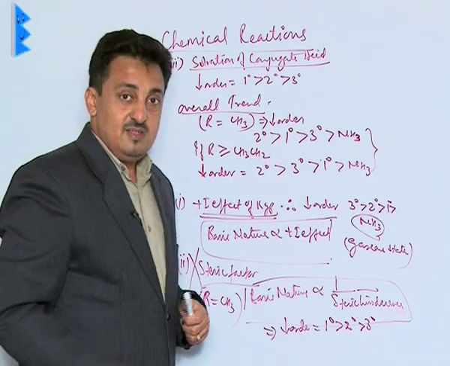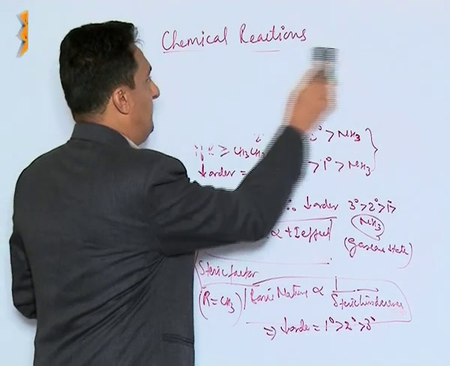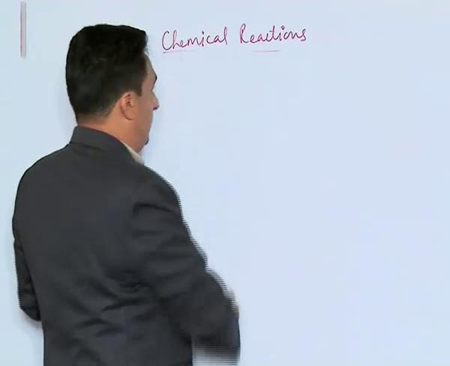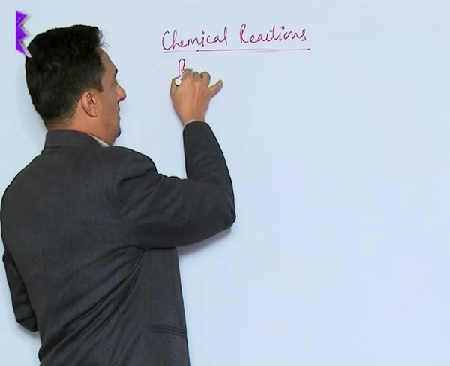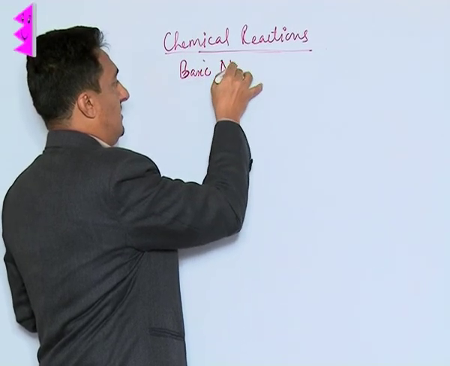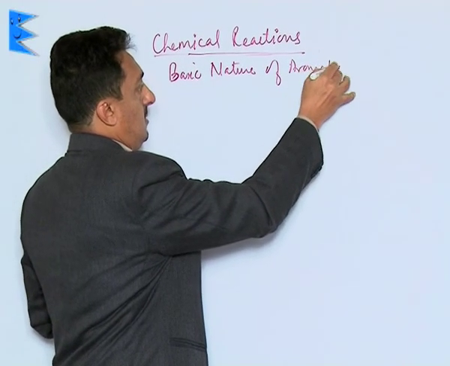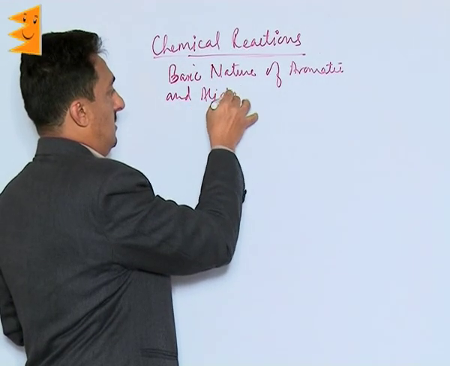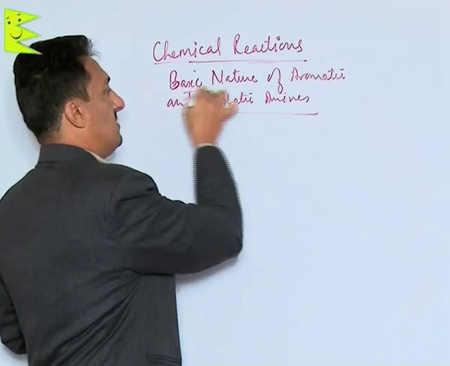Now let us compare the basic nature of aromatic amine and aliphatic amine. If we see the aromatic amines, we can clearly assess the basic nature of aromatic and aliphatic amines.